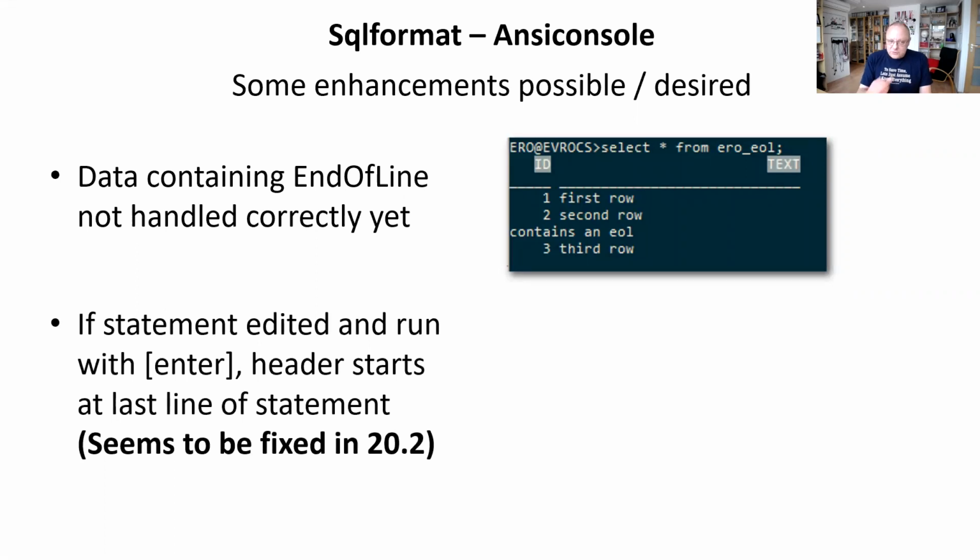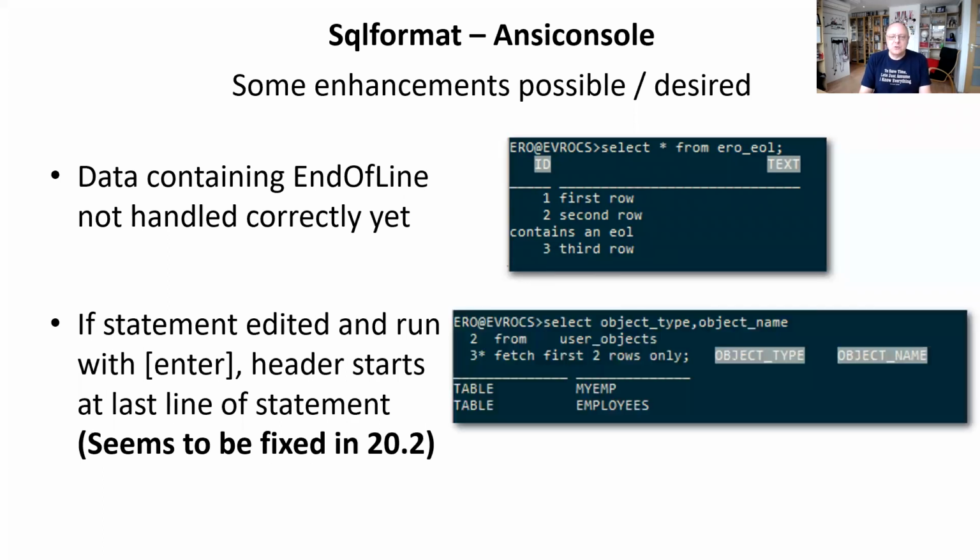And if you edit a statement in your history and run it with enter, then the header starts at the last line of your statement, and it looks like this, and that's ugly. That was true until version 19.4. In 20.2, it seems to be fixed. I haven't seen it happen there yet.